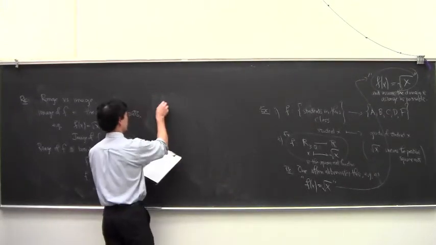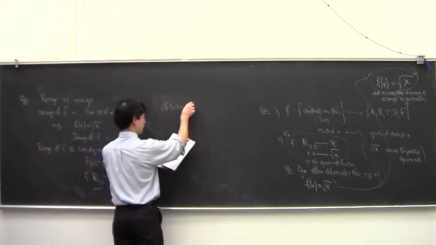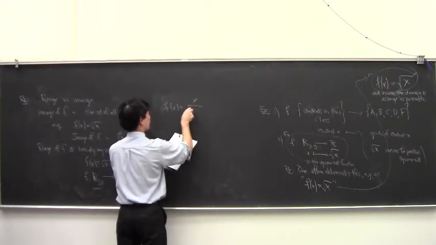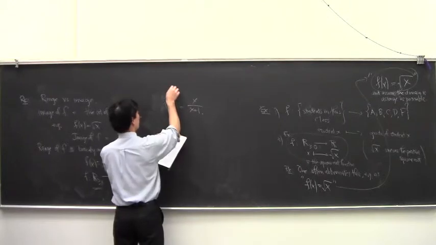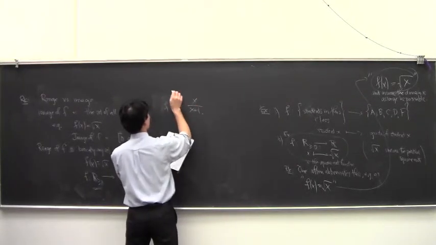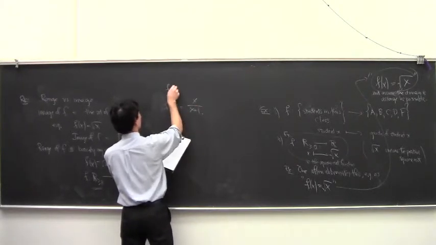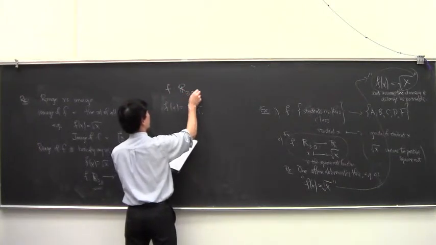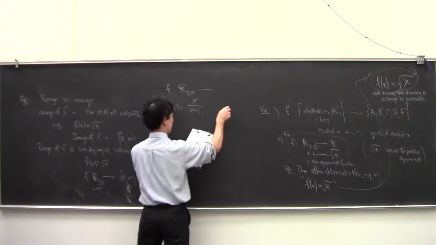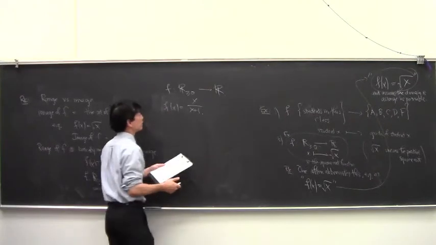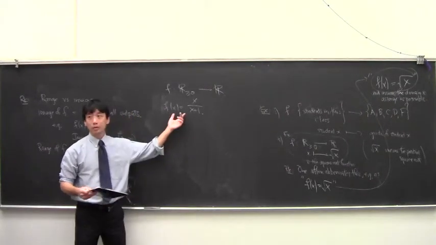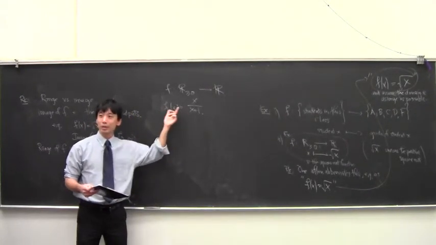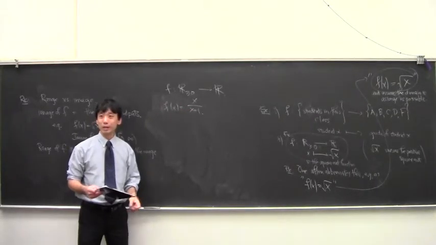So if I wrote, for example, f of x equals x over x plus 1, and let's say that f is going from positive reals to the reals. What's the image of this function?